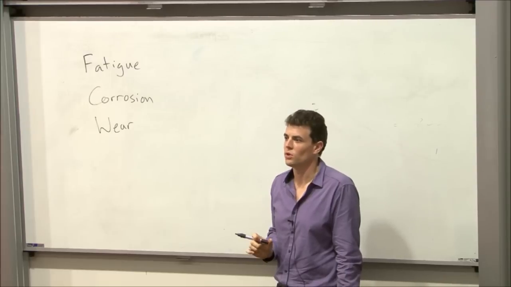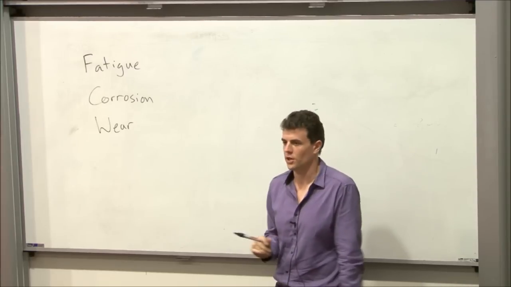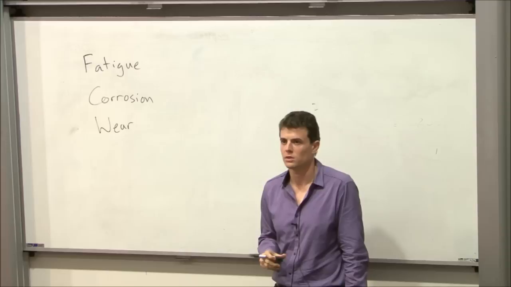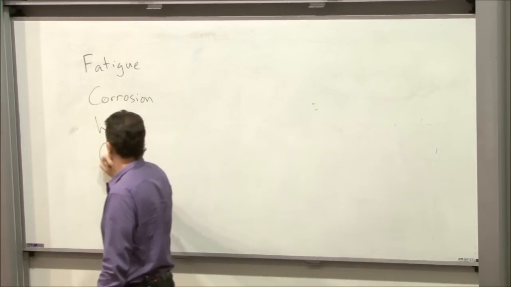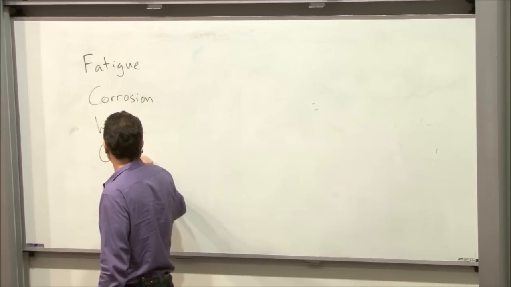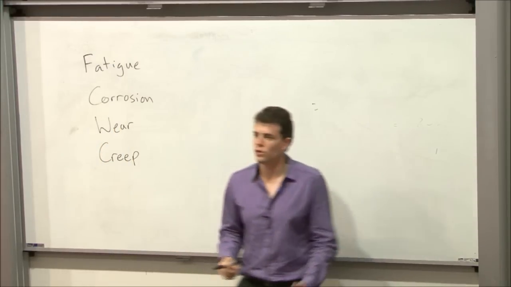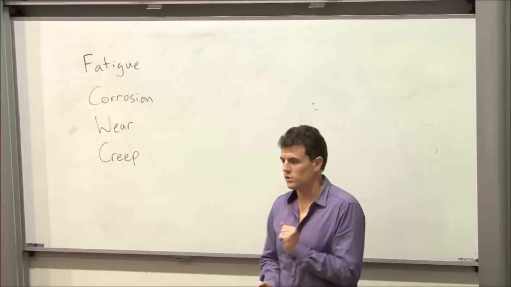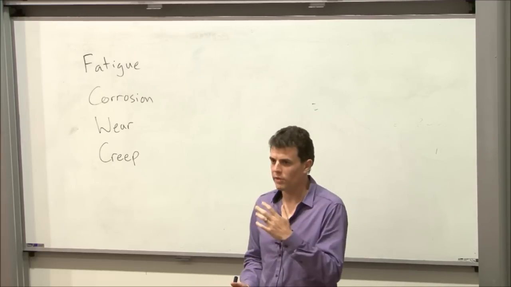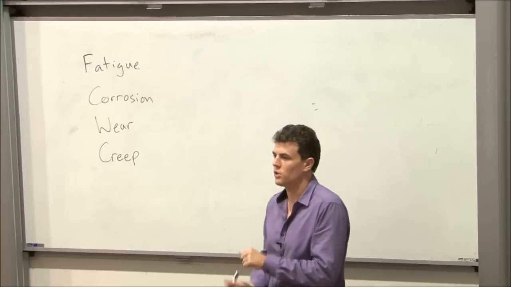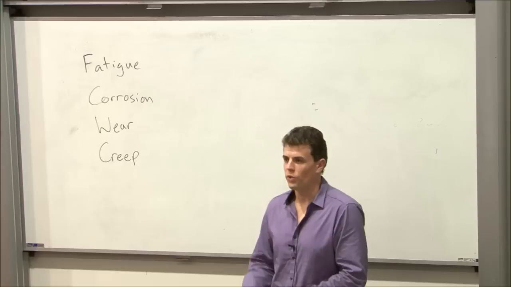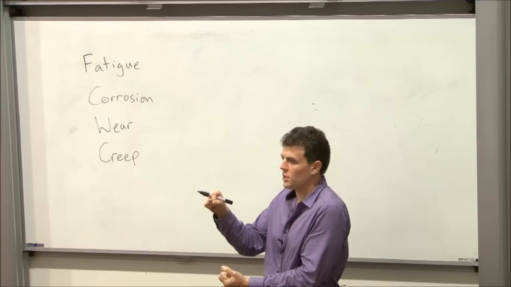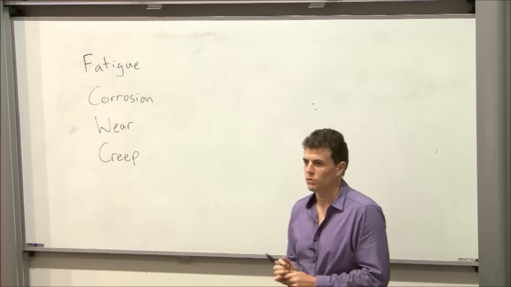And there's one more, which is not so much of an issue for aircraft, but it has played a role in the past. The last one's a bit tricky. It's creep. If you load a material up statically, if it's got an elevated temperature or if it's the right kind of material, it can actually stretch and break over time. It won't break immediately, but if you leave it for long enough, it will stretch and then fail.